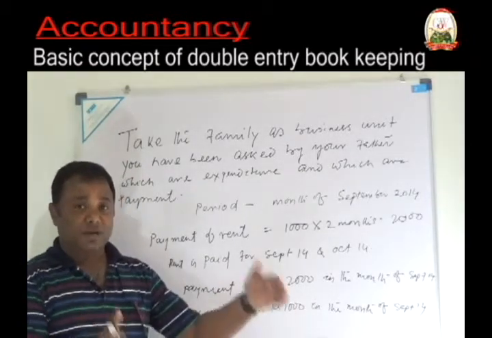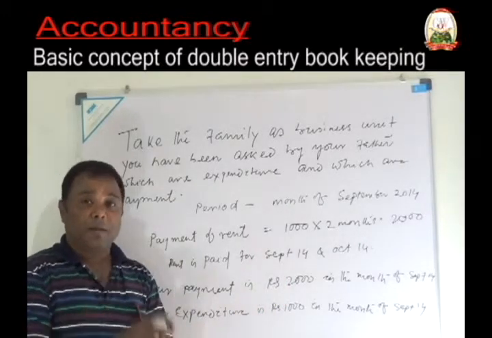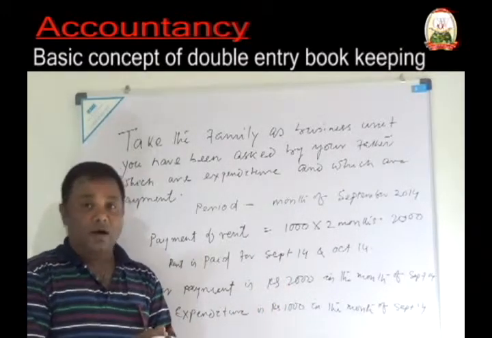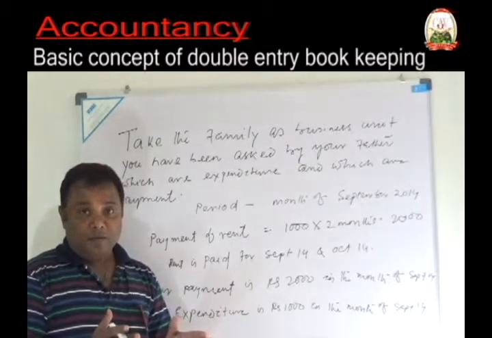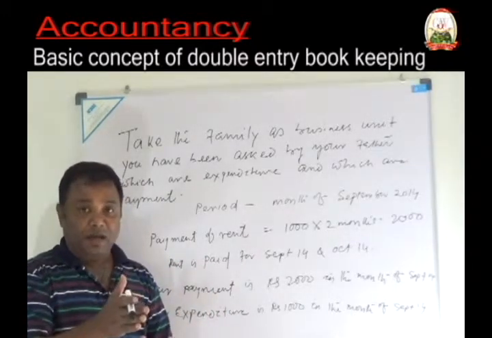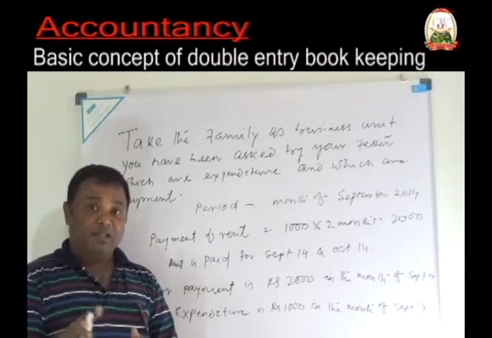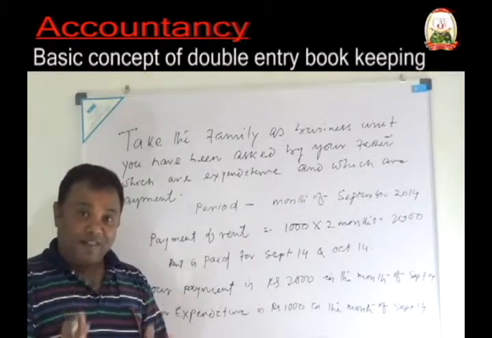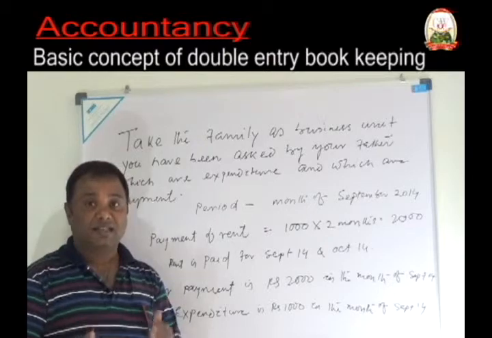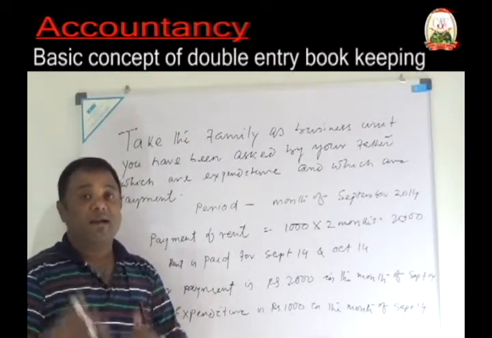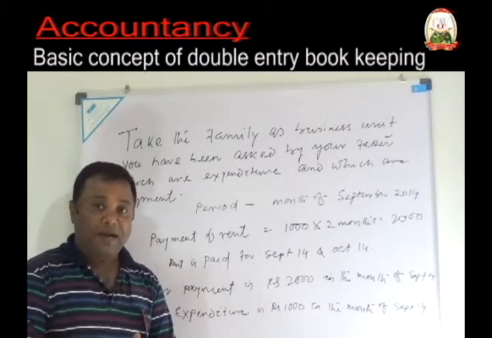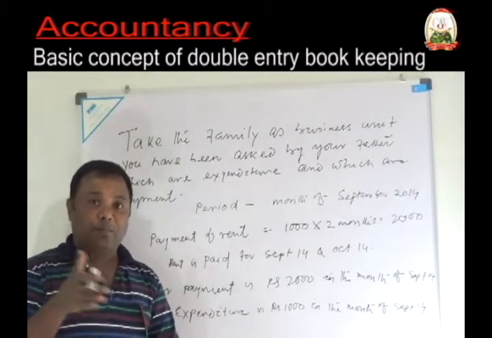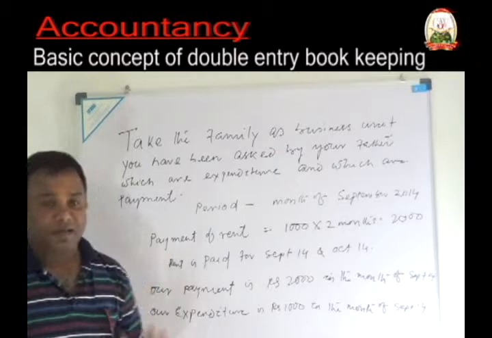Accordingly you decide what is your expenditure, even though the payment is made or not made. The expenditure which relates to a particular period and which expires during that period is treated as expenditure for double entry bookkeeping, whereas payment is the expenditure which has been paid during a particular period, that is called payment as per double entry bookkeeping.